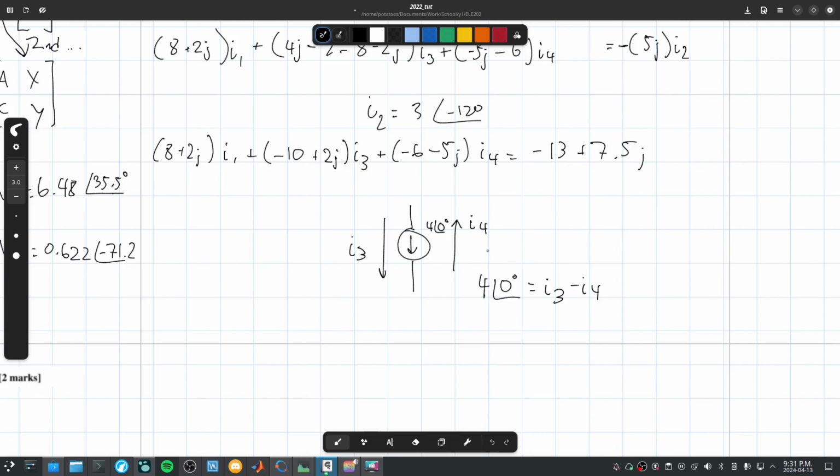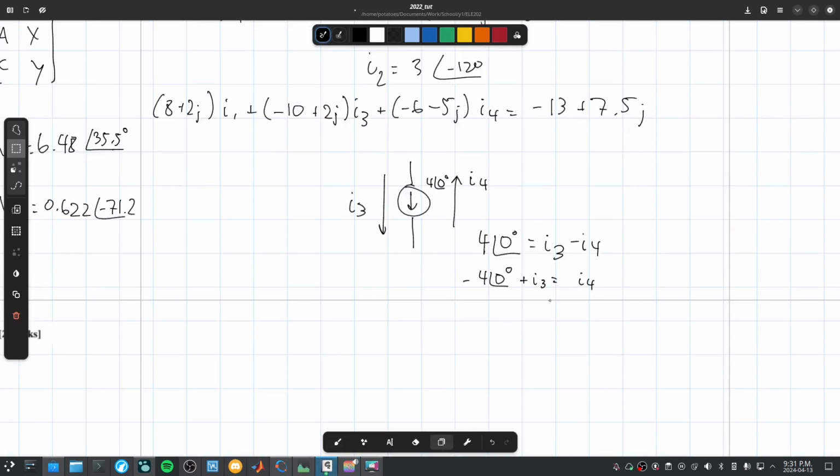So we can now simplify this equation. Let's cancel out I4. We can do 4 with a phasor of 0 minus I3 is equal to negative I4. And then we just multiply both sides by -1. And so we get that.